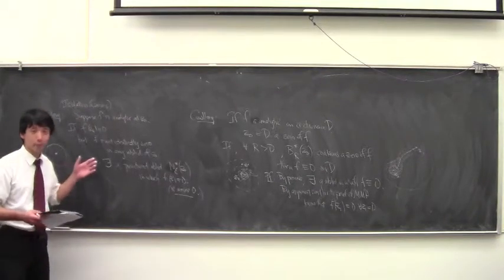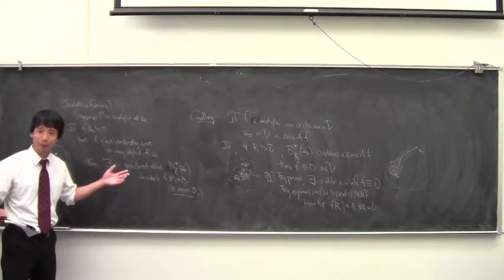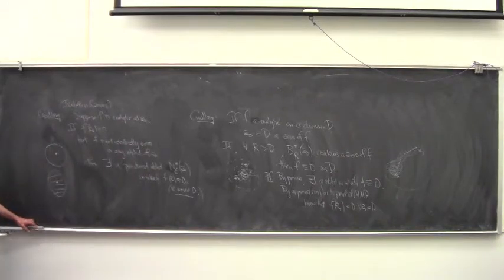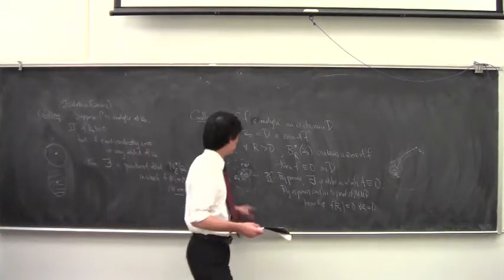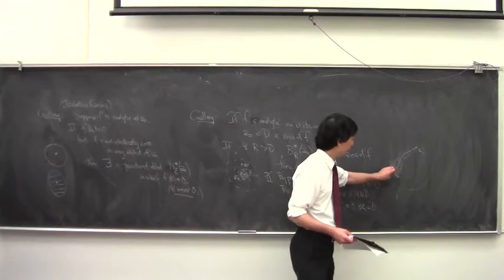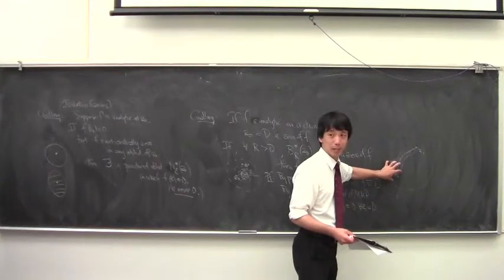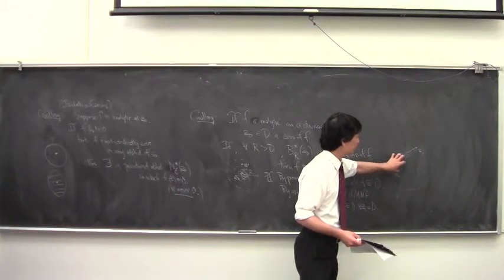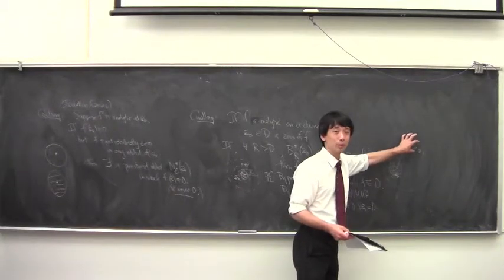The zeros either stay by themselves or there's a whole neighborhood of them. Okay, so there's a whole neighborhood of them, and then you can use the path covering lemma to just bootstrap your way over to any point in the domain.